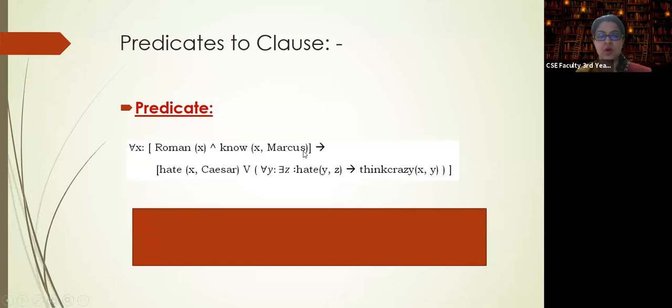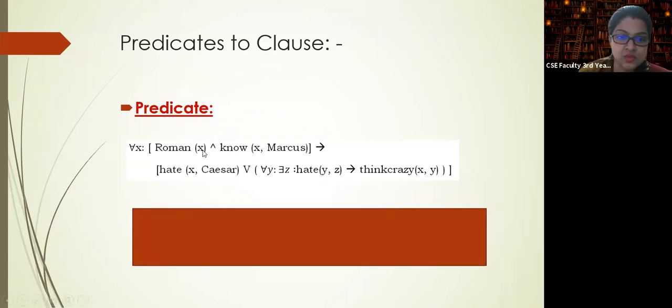Suppose for all x Indian x know x comma Modi. So we all Indians know Modi, right? Because Modi is our leader. So for all the Romans, the people of Rome, they must know Marcus, the ruler of the Romans. So the same thing. Okay.